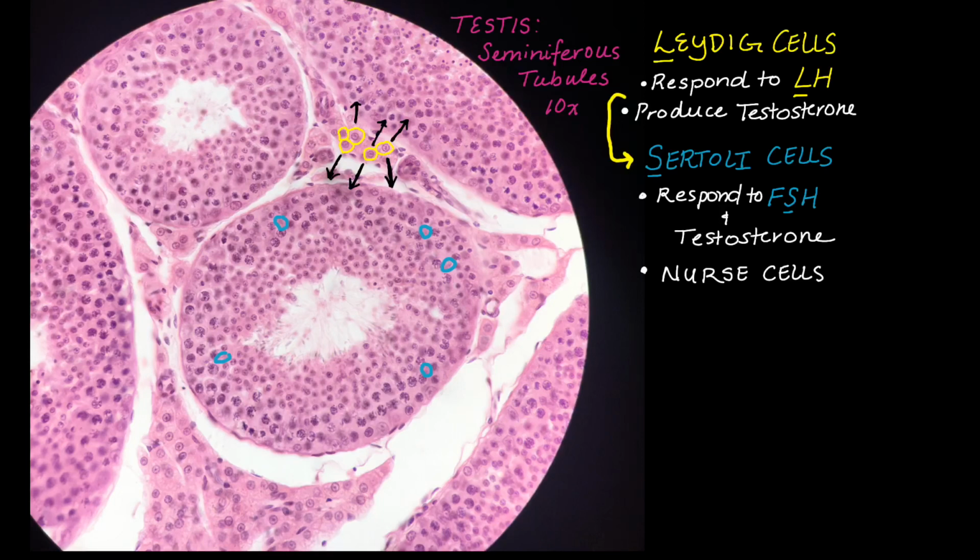I think of them as cells that are responsible for nourishing the developing sperm within the seminiferous tubules. They also form really tight junctions, packed together within the tubules. So they form a blood-testis barrier, which is great because it isolates the sperm from the surrounding immune system.